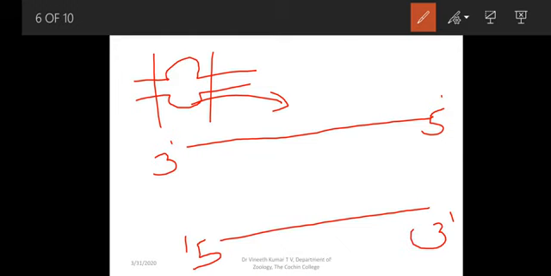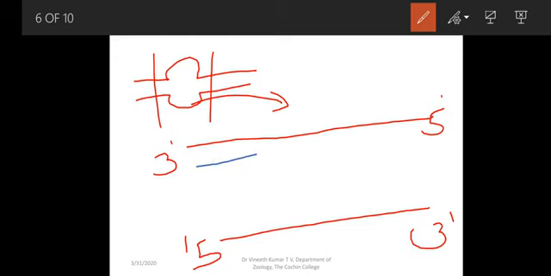At the origin where the replication starts, the primase will be adding a primer in both the strands. It does not look at the directionality of the strand, whether it is 3 prime or 5 prime, whether it is 5 prime or 3 prime.